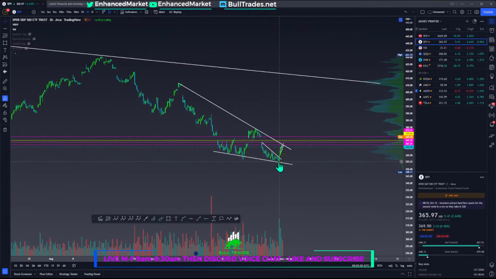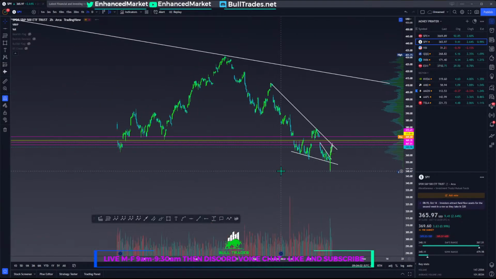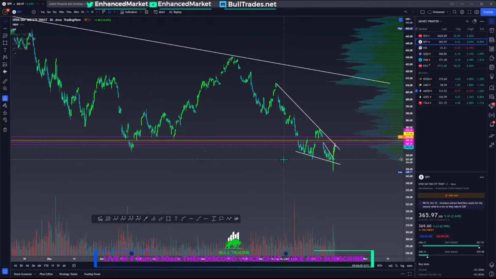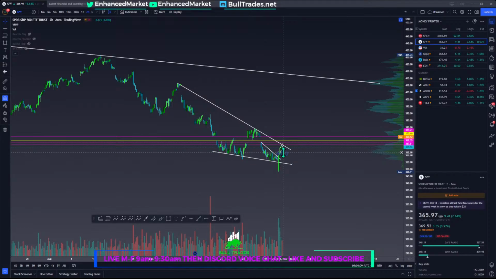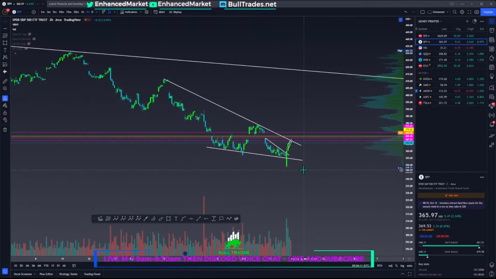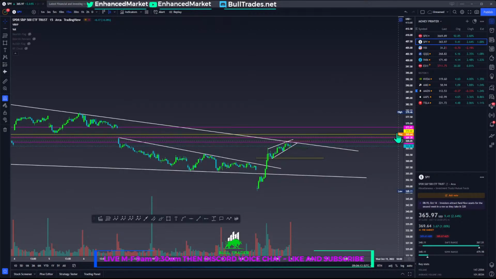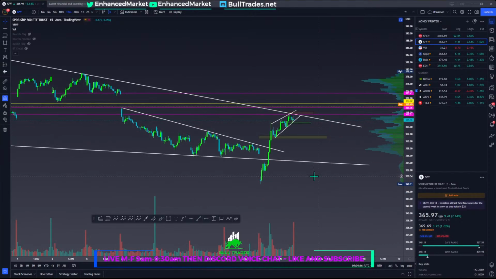Multiple times we tested this level here, and yesterday we dipped below. Everyone thought the world was over, and we rebounded right back into the zone. So it happens all the time.